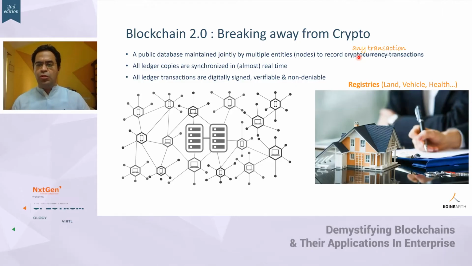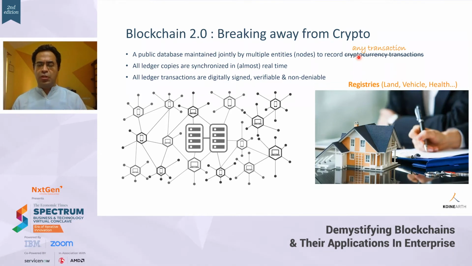And that really sees the emergence of new kinds of use cases in this era of blockchain 2.0, where different transactions are stored. So for example, you could potentially record on this blockchain ledger or blockchain database transactions regarding land, transactions regarding vehicles, right?